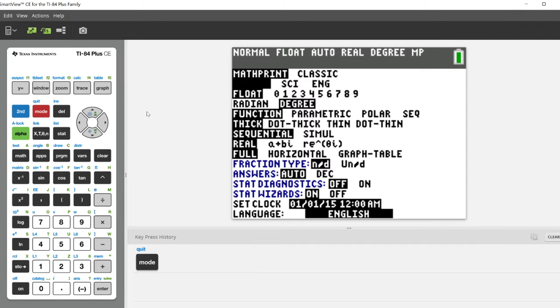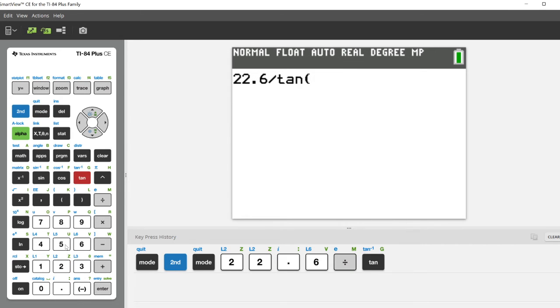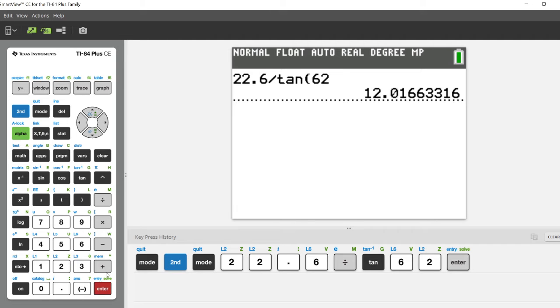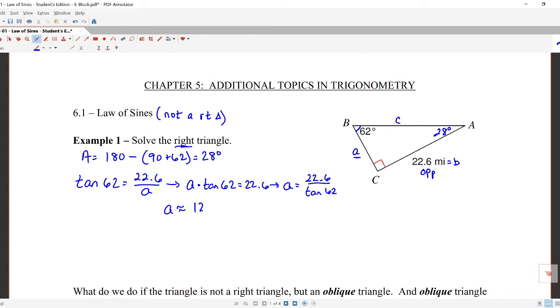The first thing to do is to make sure that we are in degrees. And so we are going to hit 22.6 divided by the tangent of 62. You don't need to close the parenthesis. The calculator just assumes you're done when you hit enter. And we get 12.02 rounded to 2 decimal places.